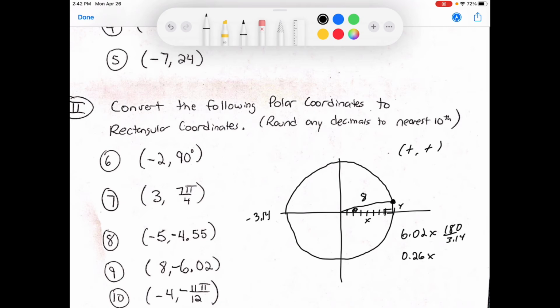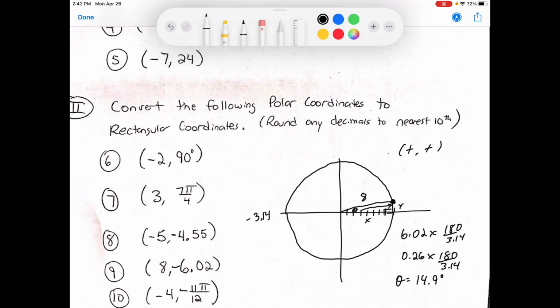That'll give you the exact answer. Let's do that. So 0.26 times 180 divided by 3.14. So my degree is 14.9 degrees. Theta equals 14.9 degrees.